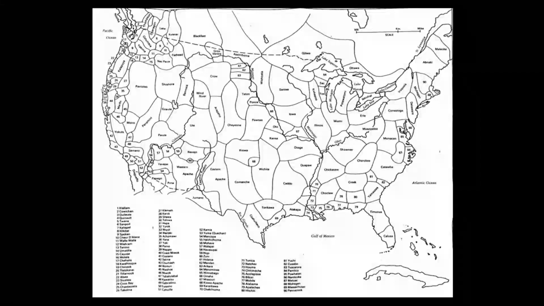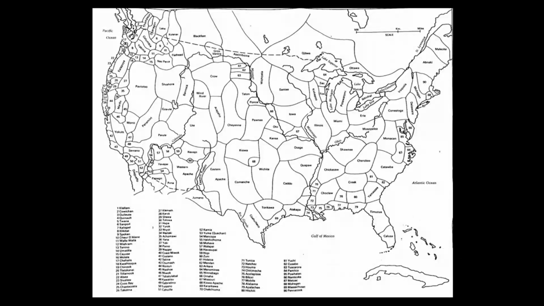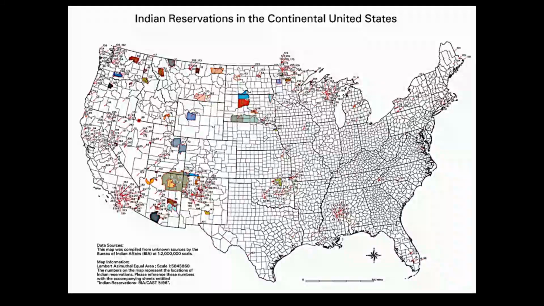Because when we think about, and this is a slightly different version of the other map I was showing you a second ago, made by this phenomenal social demographer at Stanford, the issue here is sovereignty and nationhood. And the reason it is so important is that if we do not recognize it from the beginning, then we absolutely cannot understand what the United States denied over the 19th and 20th centuries through its policies.